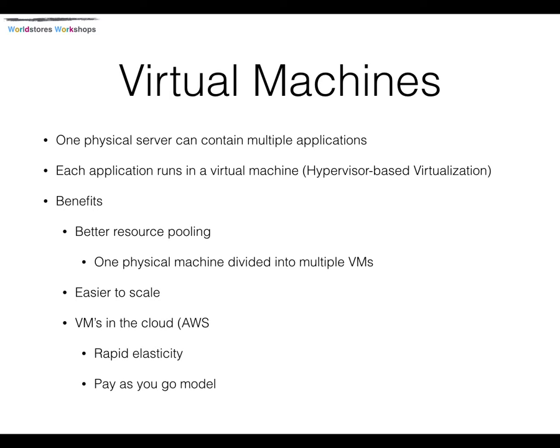It was definitely easier to scale because instead of having to order up new physical hardware, you could spawn out new applications. And that has led to virtual machines in the cloud, giving you rapid scalability, even to the level where, if the cloud provider detects that you're under stress on a particular application, it can fire up more virtual machine instances for you and share out the load that way.